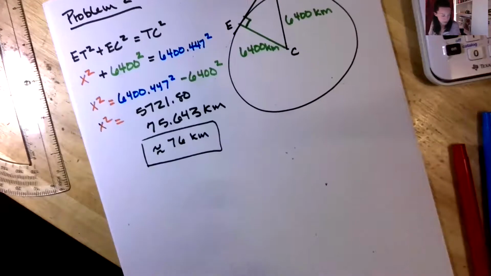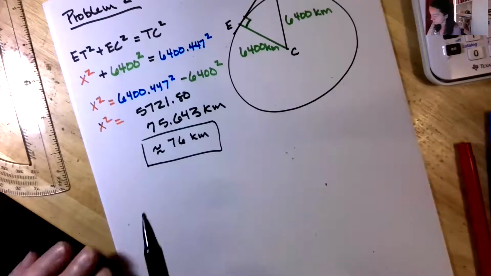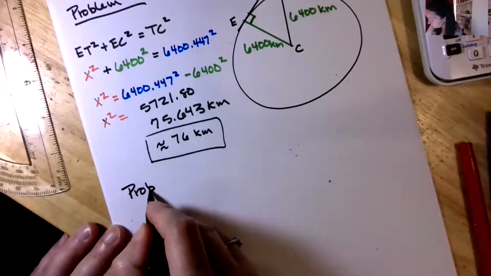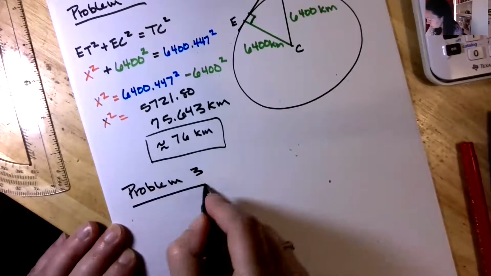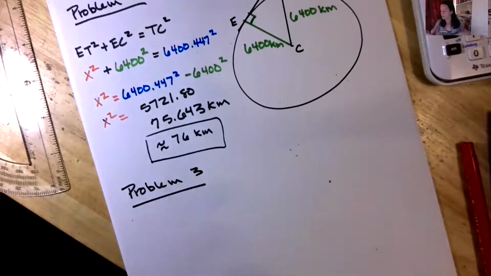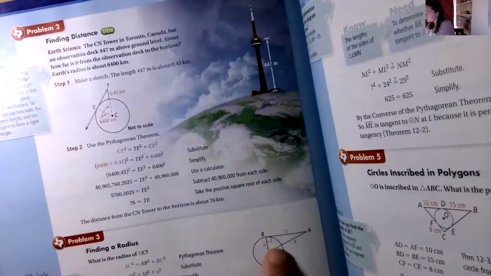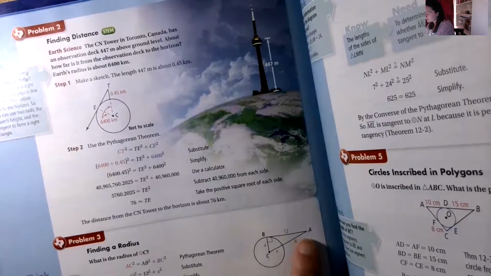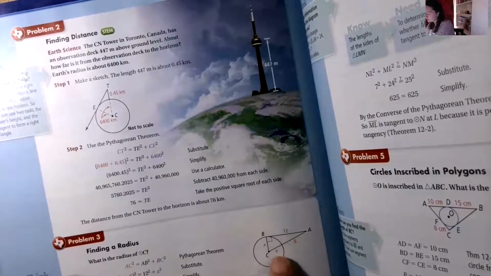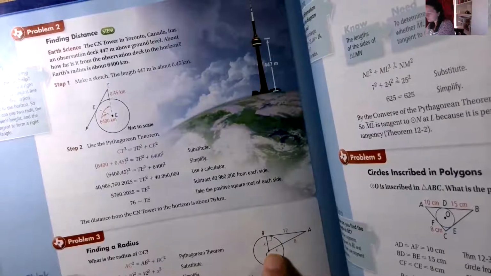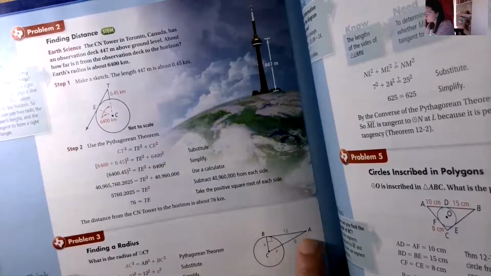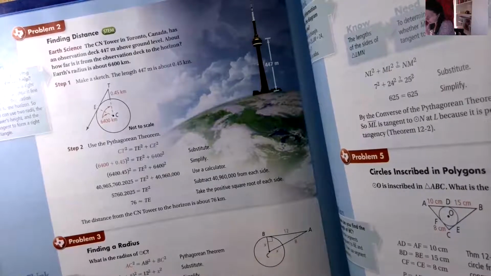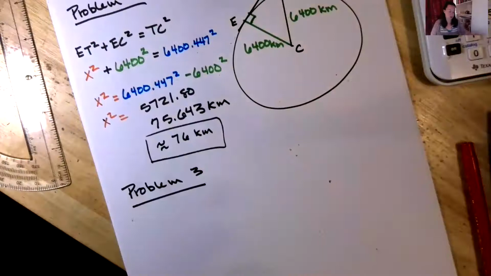Okay, problem number 3, finding a radius. We are given a tangent and then a secant, which we haven't talked about, but the line for AC, the secant, and we need to find that radius. So we'll draw a sketch.